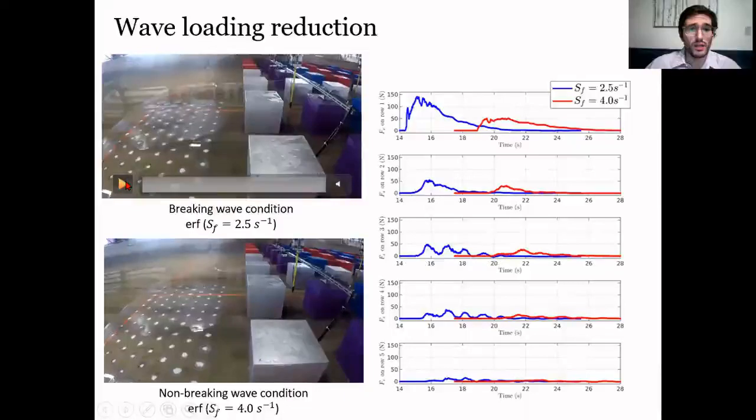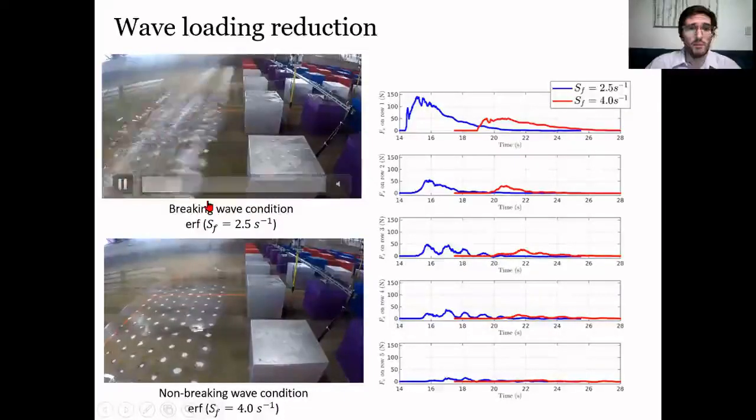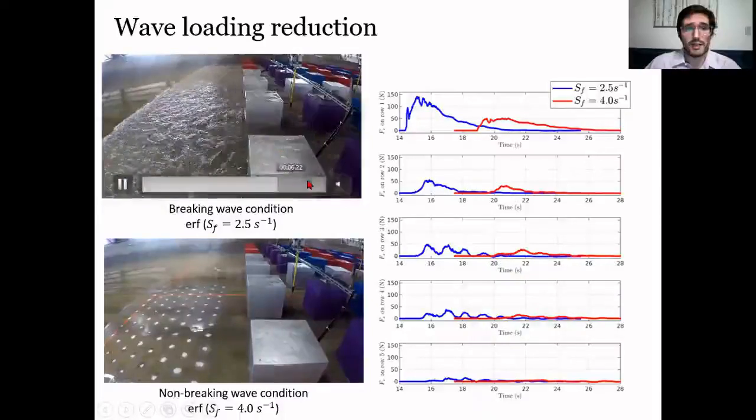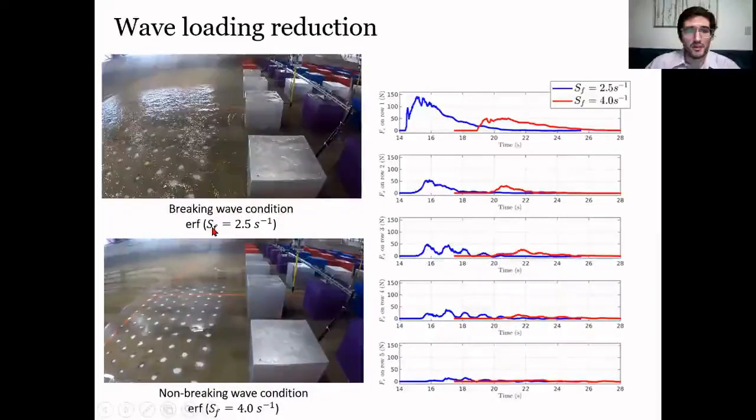In the video on the top, there's an example of a wave hitting the building array. It's a breaking wave condition, an error function wave, which is represented on the right in the plots in blue.